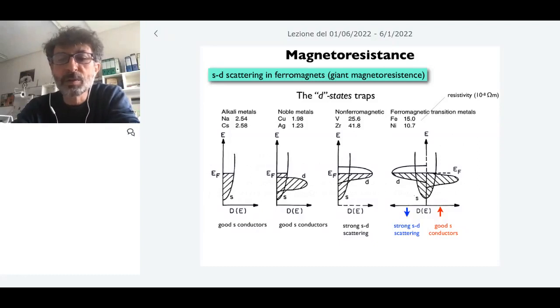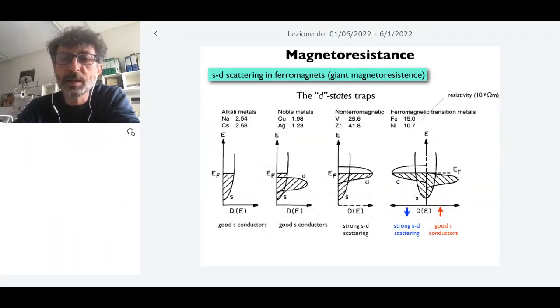Everything in between, the Fermi level is also crossing the d band. So at the Fermi level, you have both S electrons with a very wide band in energy, and the d band that has a width that is much, much smaller.